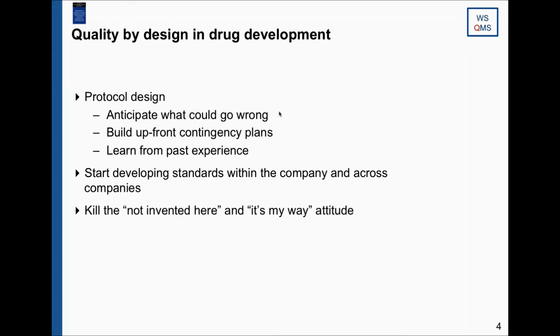What is also important, and that was the first piece, is that you should actually develop some standards. Sorry. So that's in here, the second bullet point. Start developing standards within the company and across companies. Because why am I saying this?